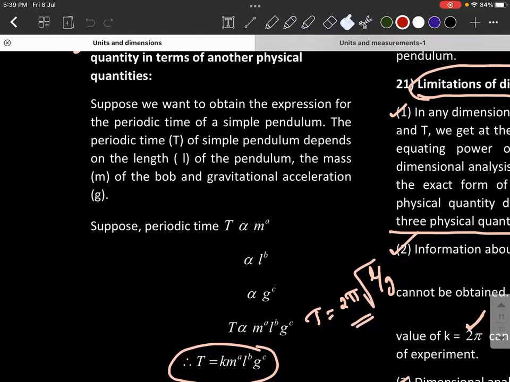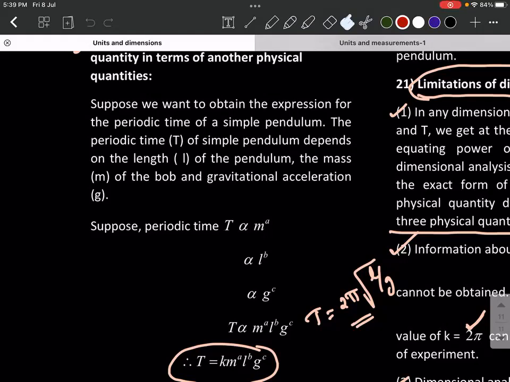The 7 fundamental quantities. So if you are able to write how many times the physical quantity depends on those fundamental quantities raised to the power of something, then that formula is called the dimensional formula, and the powers are called dimensions, right? So why is dimensional analysis useful for us?